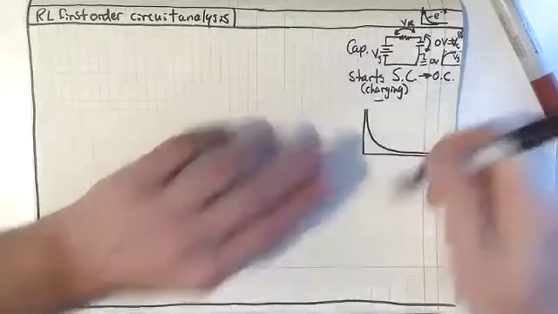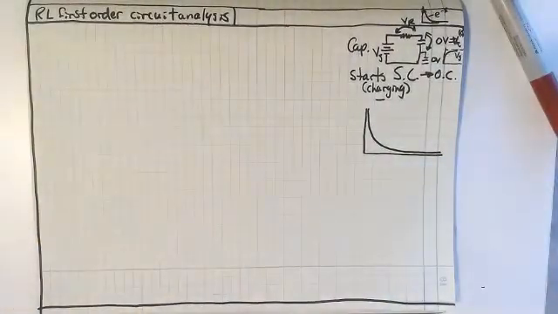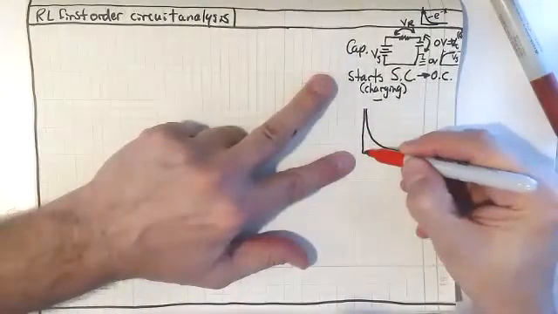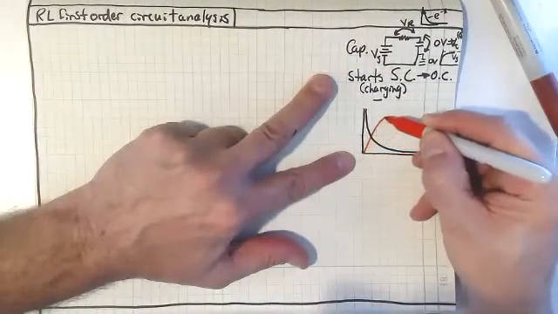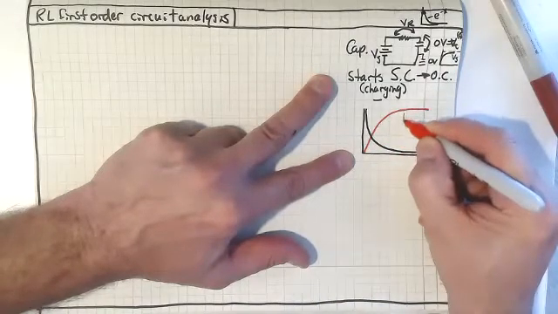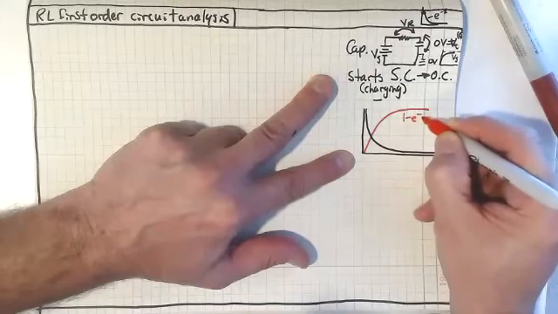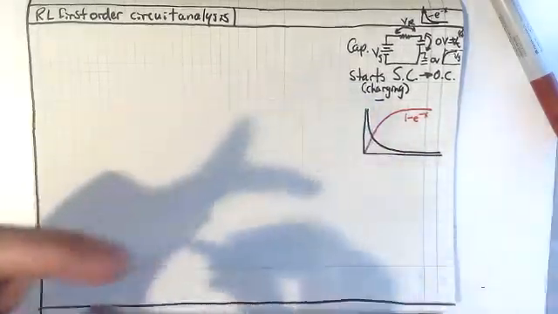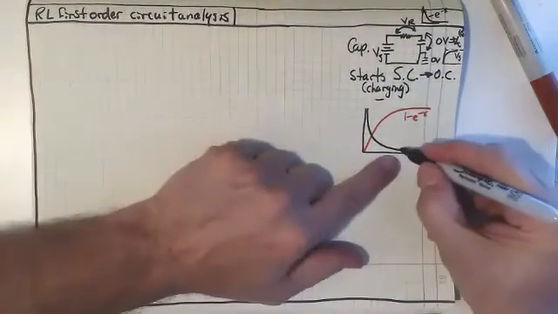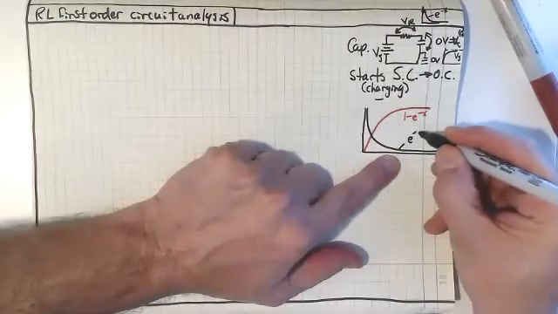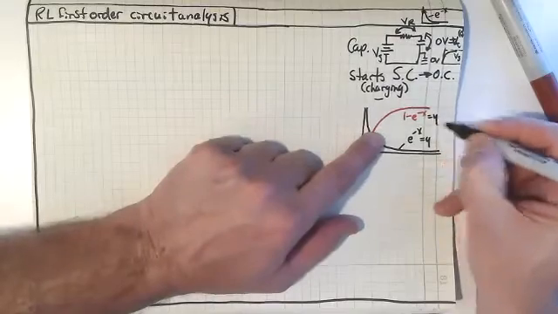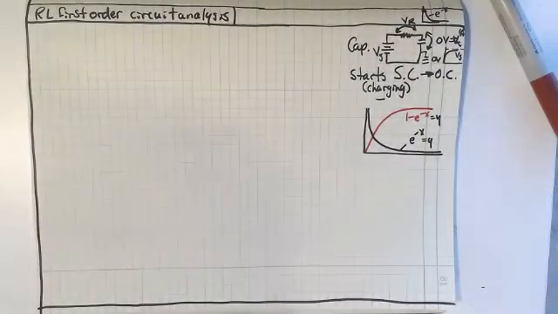And if we're looking at 1 minus e to the minus x, I happen to have a new pen here, we would be looking at something like this. The one on the bottom is just e to the minus x. So y equals e to the minus x, and y equals 1 minus e to the minus x.